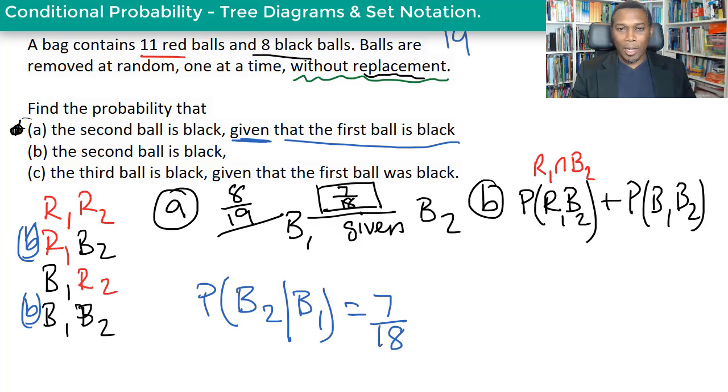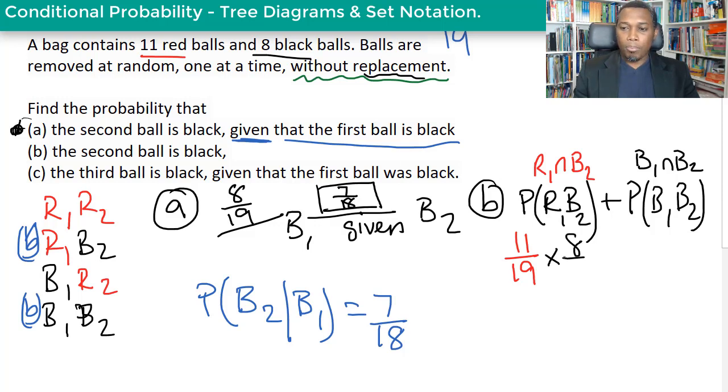plus black 1 intersection black 2. We can use that notation interchangeably, and we want to do the multiplication now. Chance of getting red the first time, there's 11, so it's 11 on 19. Then the chance of getting black the second time, well, if I got red, there's still 8 black, but there's no replacement, so it's 8 on 18.